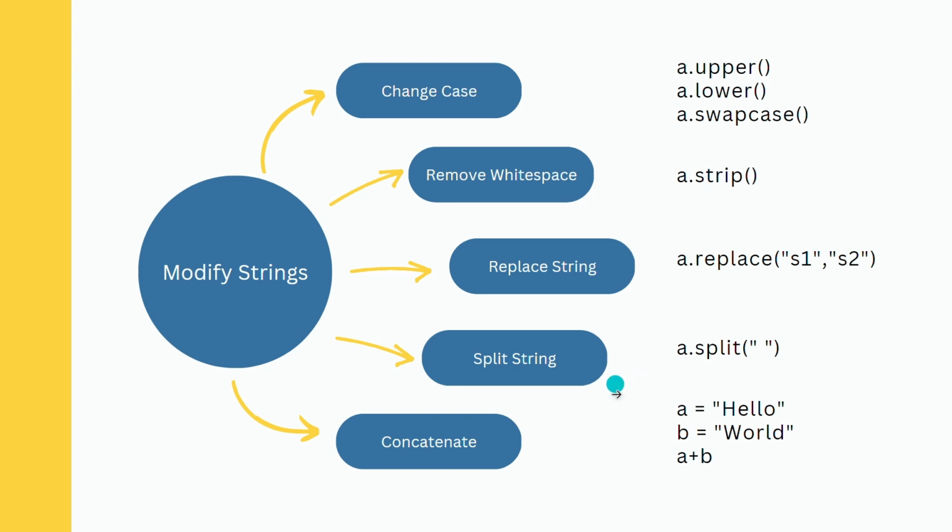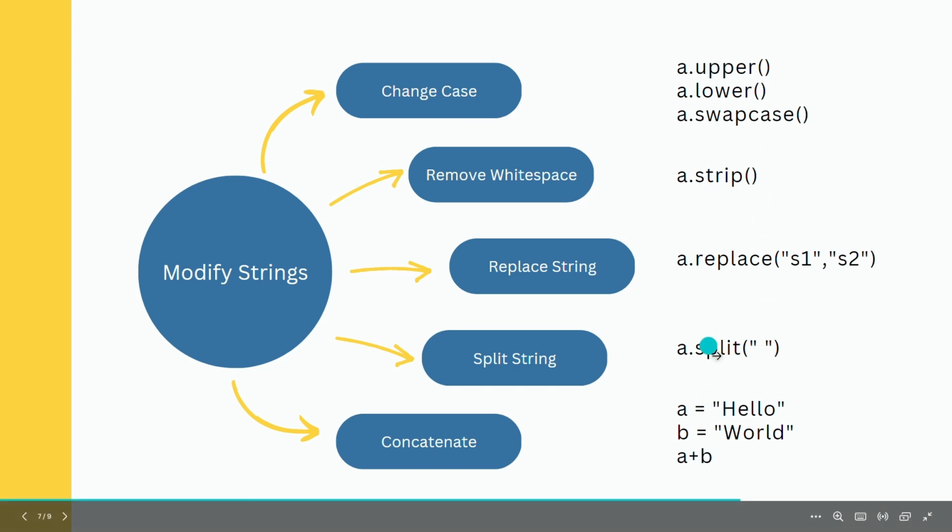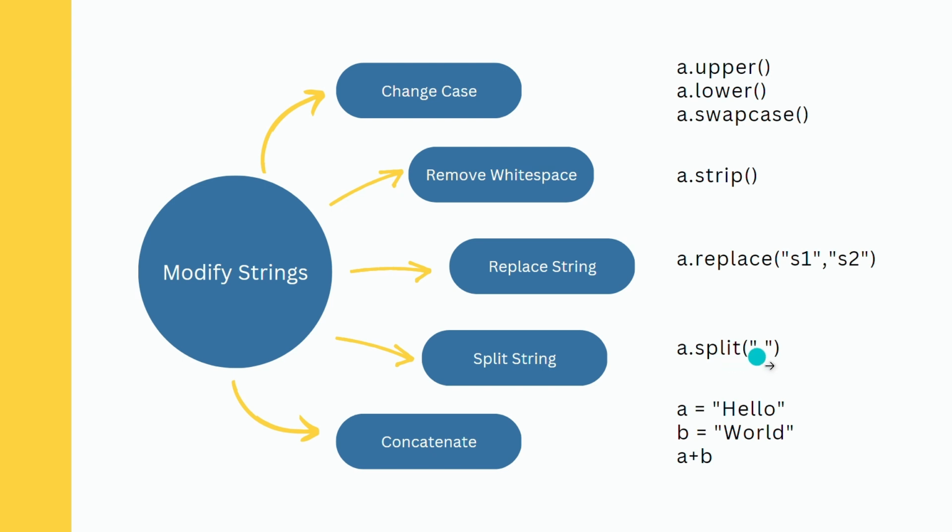Then to split a string into a list, you have simply got to use the function split, which is written as a dot split, where a is again the variable. In all these cases, a is the variable in which you are storing the string. If I write a dot split and in round brackets, I have to mention based on what the splitting should be done.